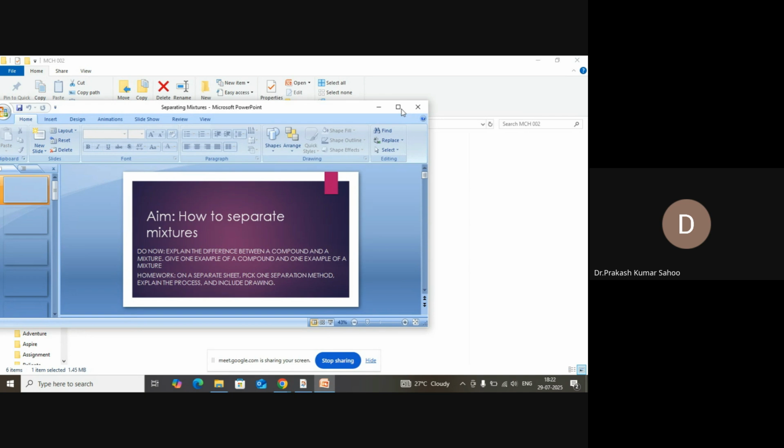Is this visible, Jitendra and Vijayalakshmi? Yes, visible. Okay, just wait. It's good.